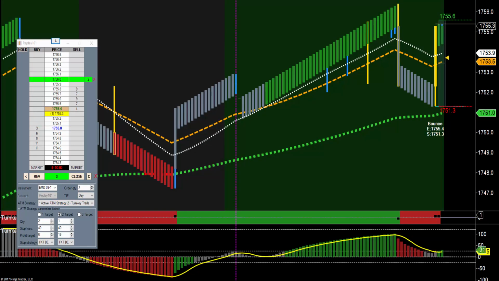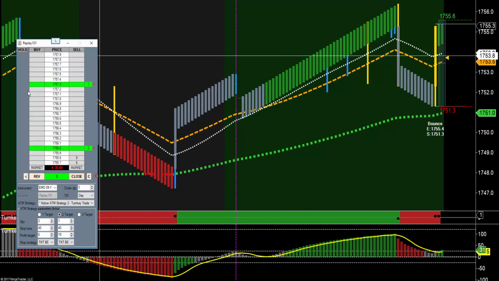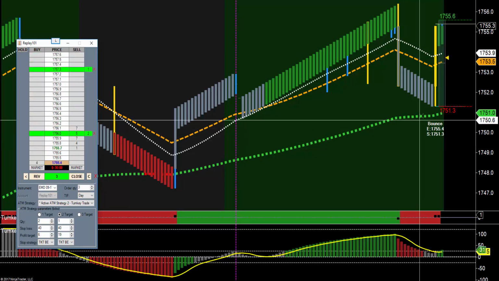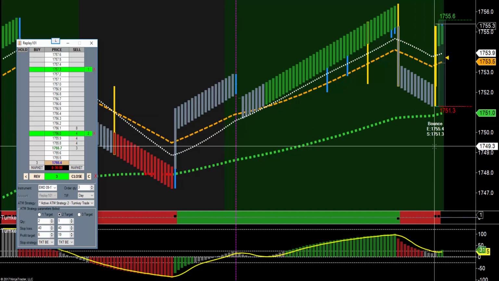Alright, so my order was filled, and here we see my 6-tick profit target. And if we scroll up a bit, I can see my second 19-tick profit target. And I see my text plot on the chart confirming that this was indeed a qualified bounce trade.